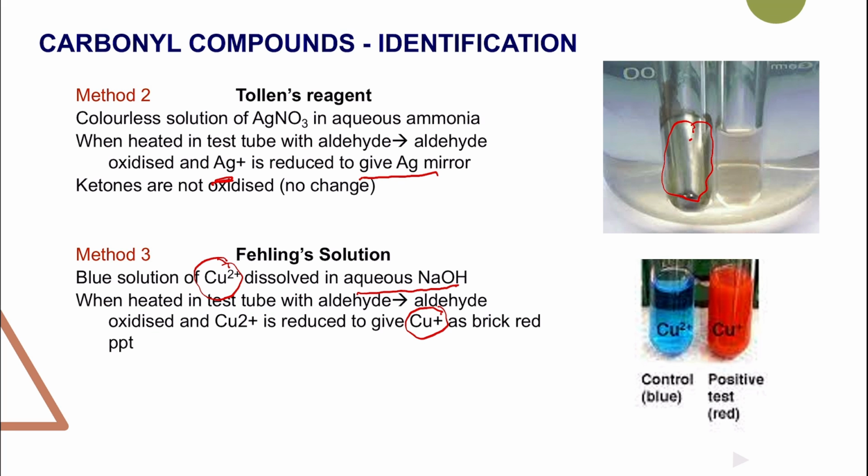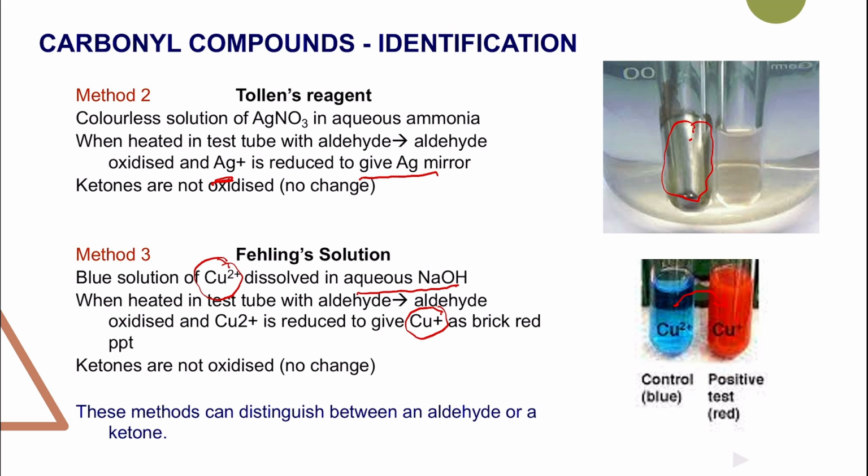So this is the positive test for Fehling's solution. Only aldehydes will give a positive result, but ketones will not be oxidized, so it will remain unchanged. So these two tests, the Tollens test and the Fehling's test, can distinguish between aldehydes and ketones.